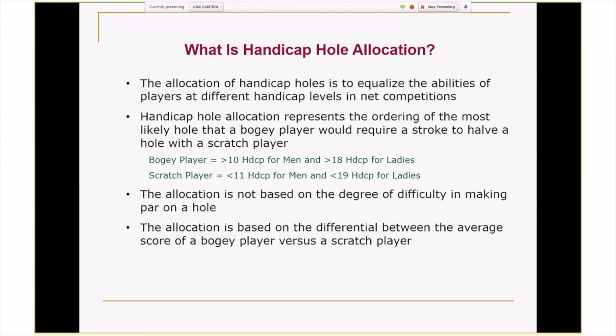You want to make sure that you're getting your strokes on the holes that you need them. There's no sense in having one on 16 if the odds are that your opponent's going to make 4 as easily as you're going to make 4. You want that help on the hole that you're going to need it. Hopefully that helps explain the rationale.